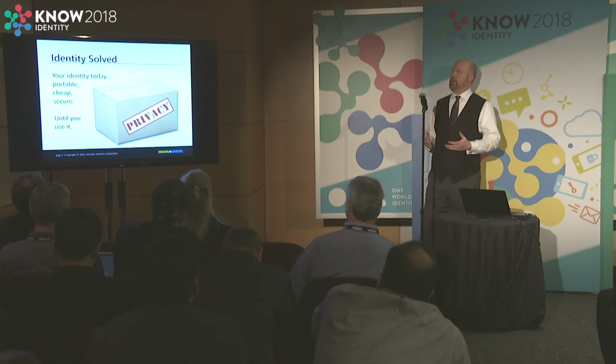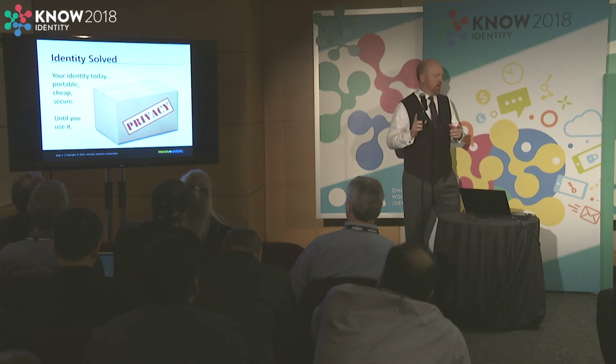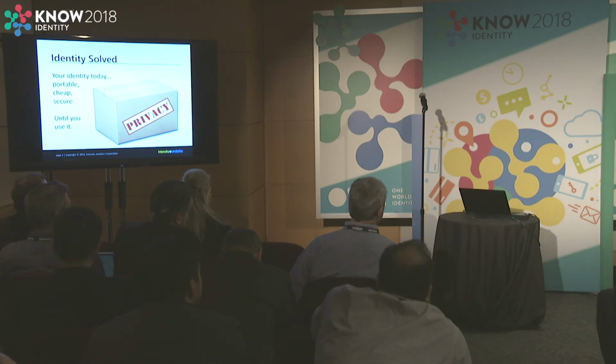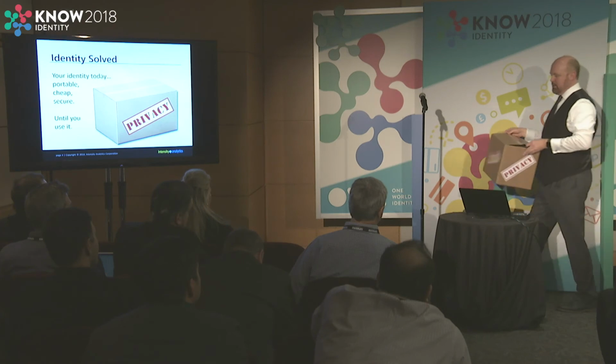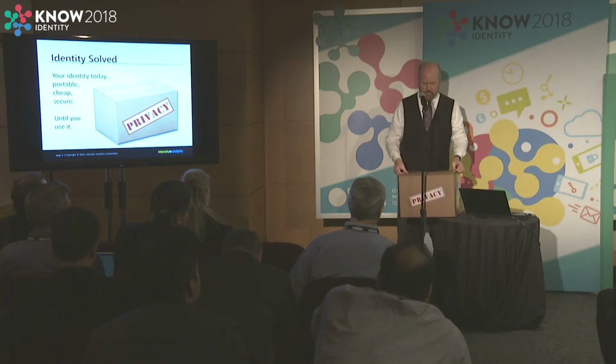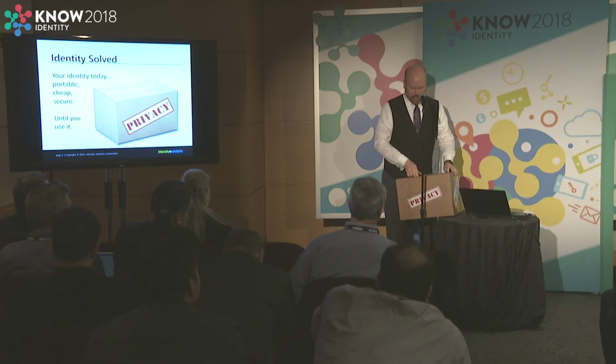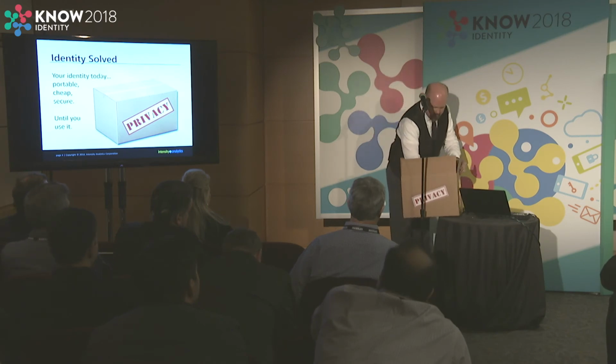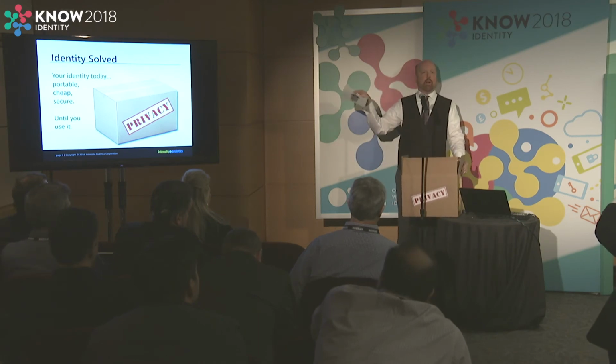So we would propose this, the privacy box. I actually have my privacy box with me. Yes, it's a prop show. This is what we have for identity today, really, because inside my privacy box, I've got all sorts of things. I've got my RSA token.